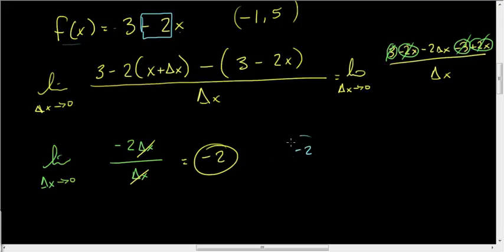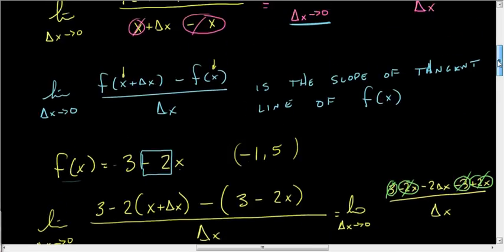Incidentally, or maybe perhaps not, all of this stuff boils down to the slope of the tangent line.